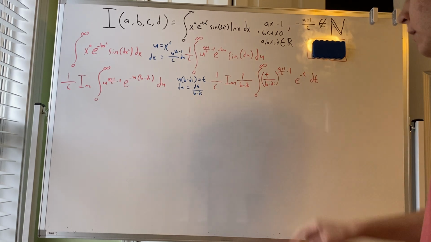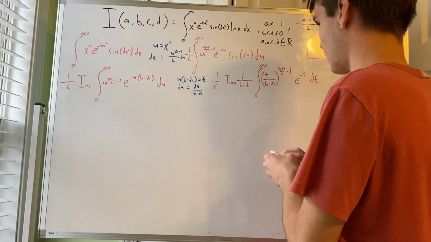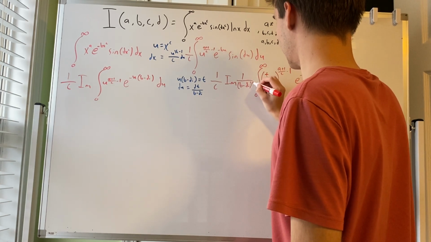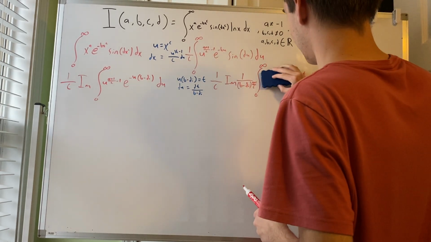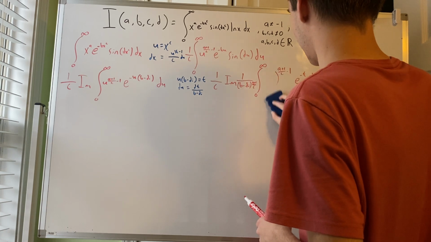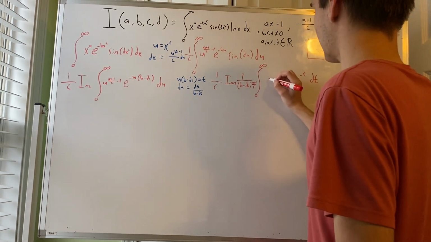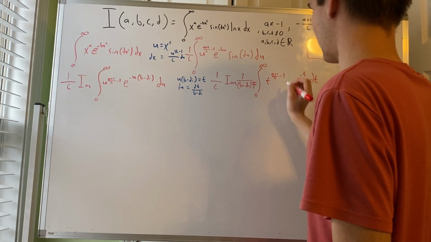On the outside, we are just left with b minus di to the a plus 1 over c. And then we can get rid of the extra stuff here. So you're going to have t to the a plus 1 over c minus 1.